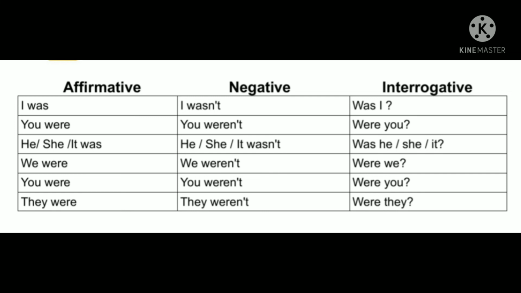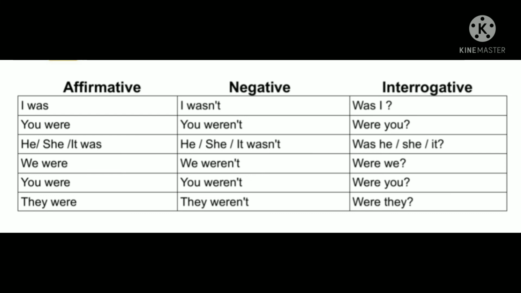Well, I hope you understood how to use to be in the past simple in the affirmative form, negative form, and interrogative form. In the affirmative form, just remember this: I was. In the negative, add not: I wasn't, I was not. And in the interrogative form, just to ask a question: was I? Like I was, but replace I with was and was with I. So it's the same.